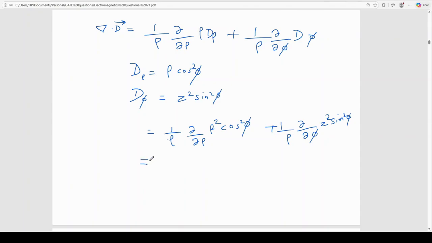When you take dou by dou rho of rho squared cos squared phi, cos squared phi is a constant with respect to rho, so it becomes cos squared phi by rho times 2 rho. You differentiate rho squared, you get 2 rho, plus z squared by rho times the derivative of sin squared phi. Z squared is a constant here, and the derivative of sin squared phi is 2 sin phi cos phi, that is sin 2 phi.